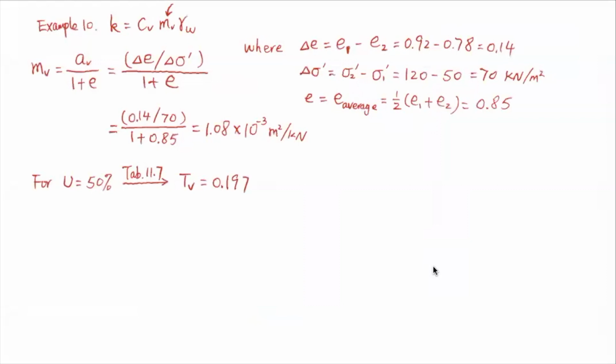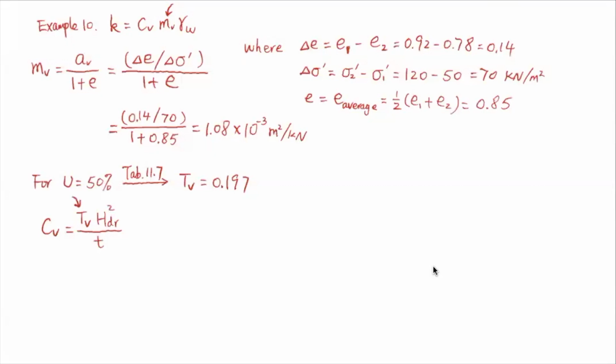So we have this time factor, and then to get the coefficient of consolidation, this is T sub v times H sub DR square over small t. In this expression, we know that the time factor is 0.197, corresponding to U of 50%.